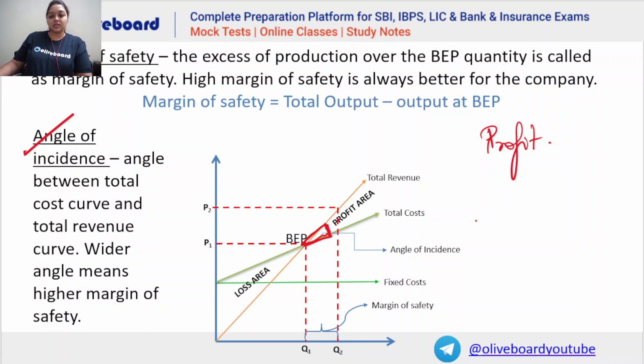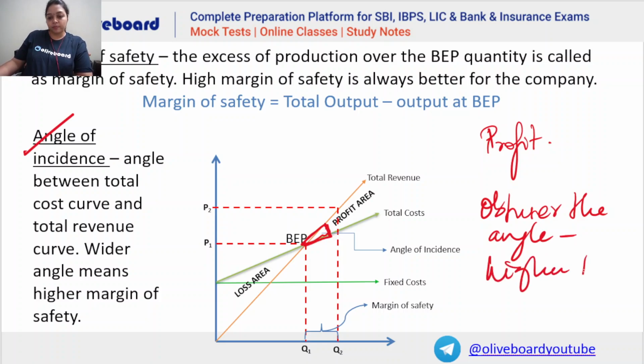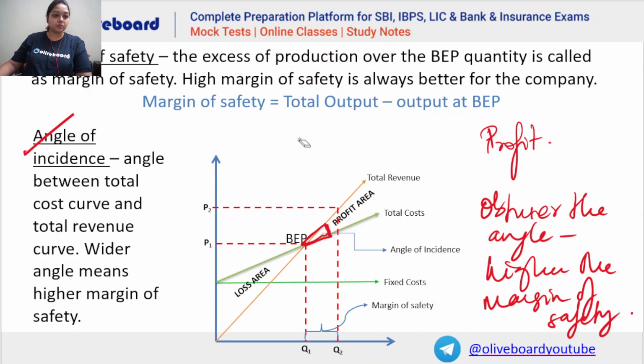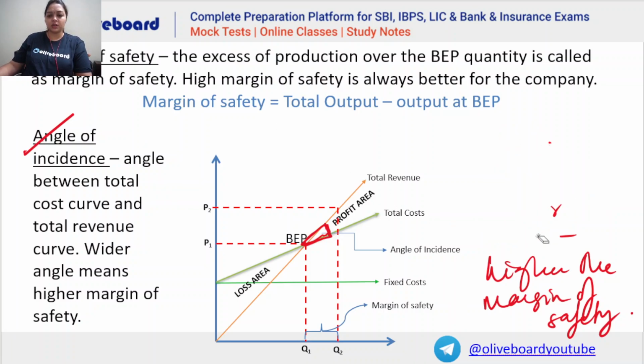So that is known as angle of incidence. The wider the angle, meaning the more obtuse the angle, the higher the margin of safety, right? So these are two very important terms that you need to know.